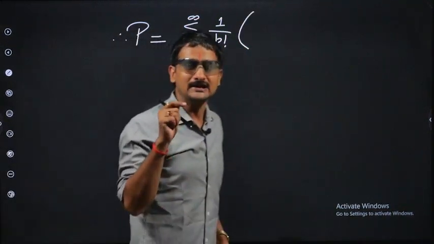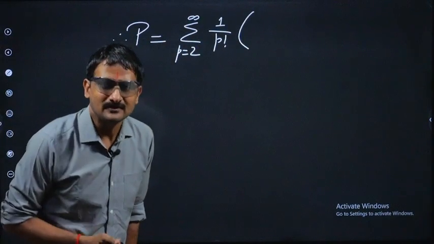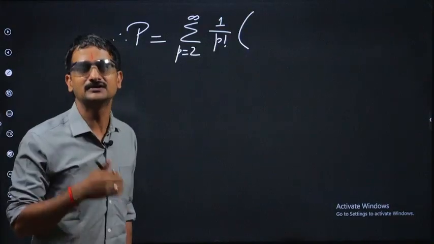What do we get? The summation of a from 1 to n, the sum of the first n natural numbers, is n into (n plus 1) by 2.